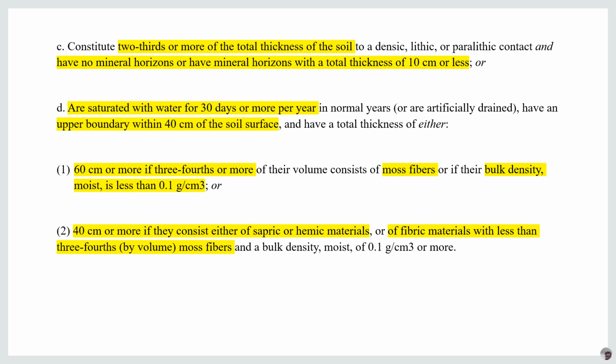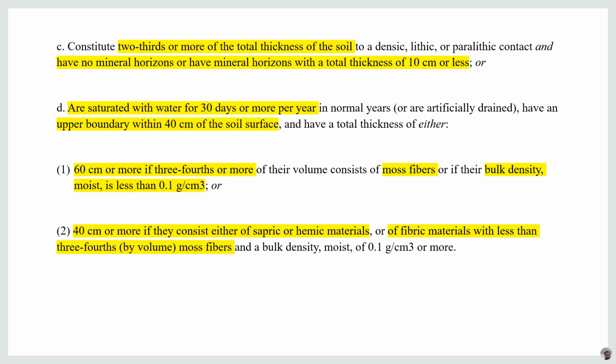And in this case, the mineral horizons should be absent, or they should comprise a total thickness of 10 centimeters or less. So if I find organic materials over a lithic, paralithic, or densic contact, at least 2/3 of the thickness of the soil should be comprised of organic materials.